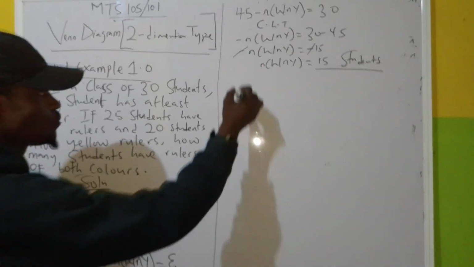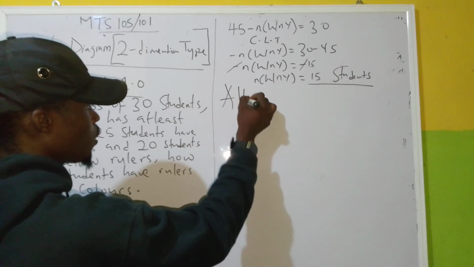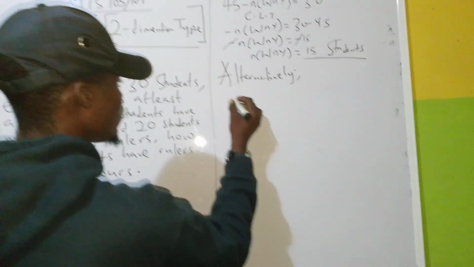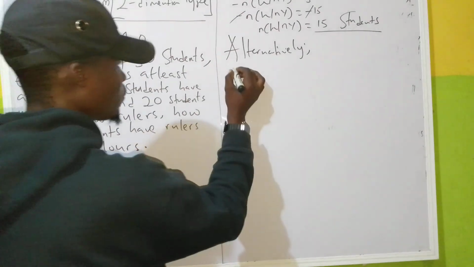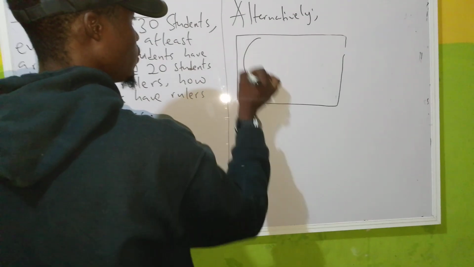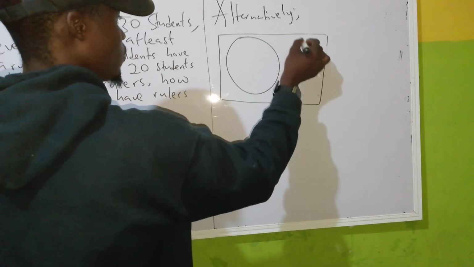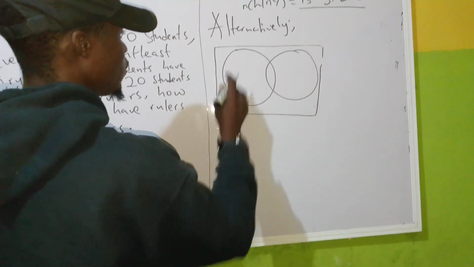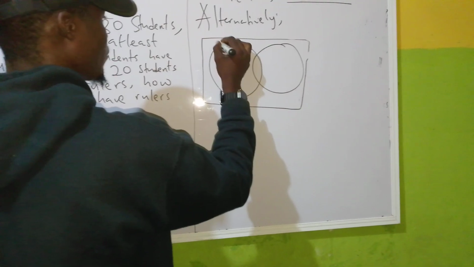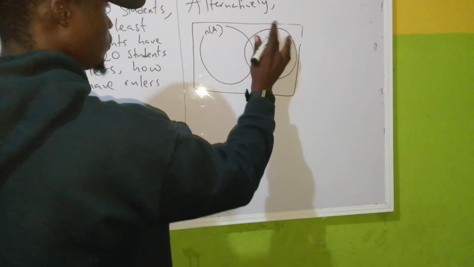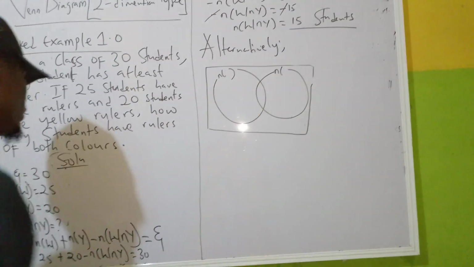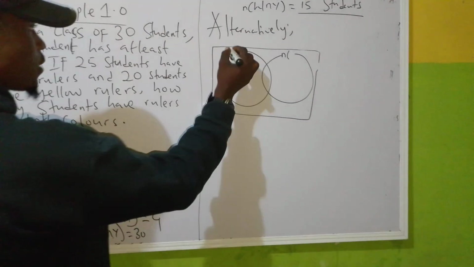So alternatively, this is the way you solve it in secondary school. Alright, you have to draft out your Venn diagram. We have this circle here. This is your number of A. The first color we are talking about is white.